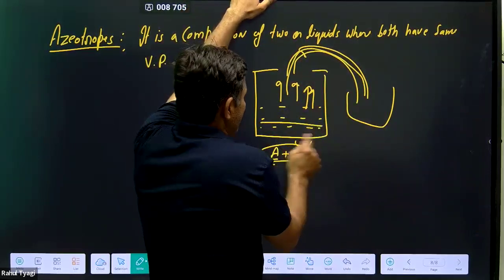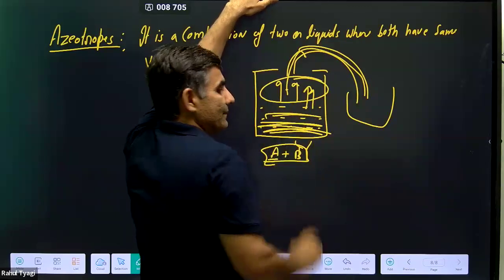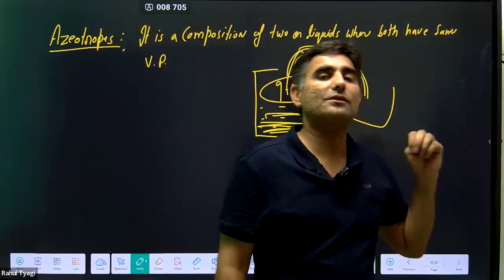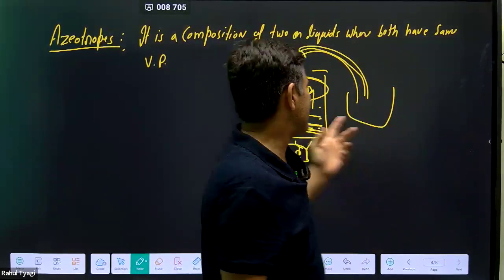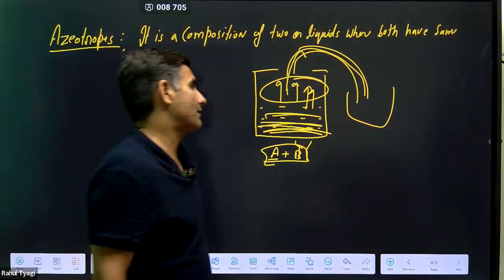So the mole fraction in liquid phase and mole fraction in gaseous state are both the same. That means such kinds of mixtures are called azeotropic mixtures.